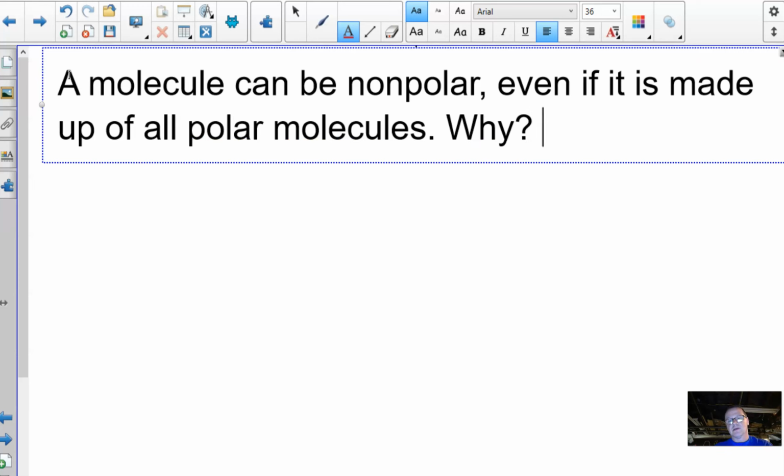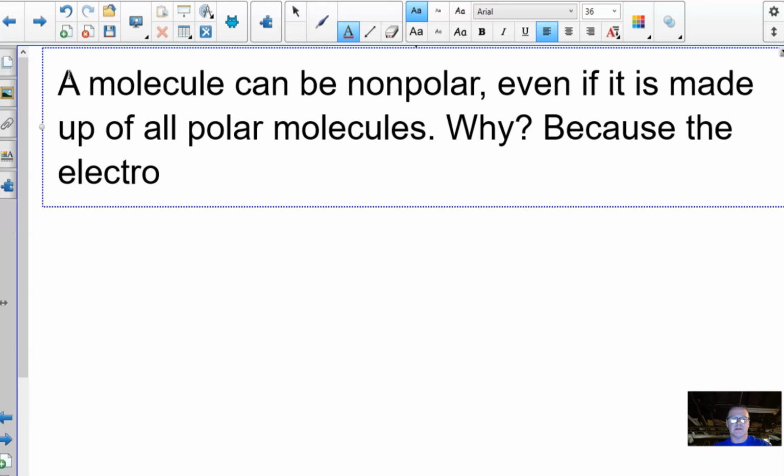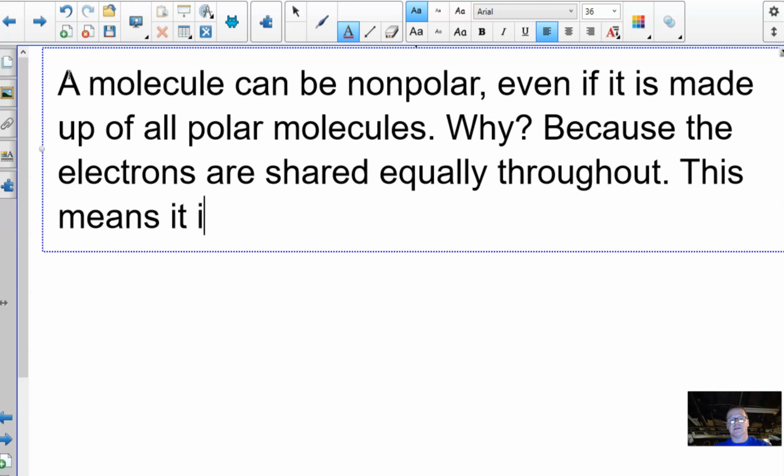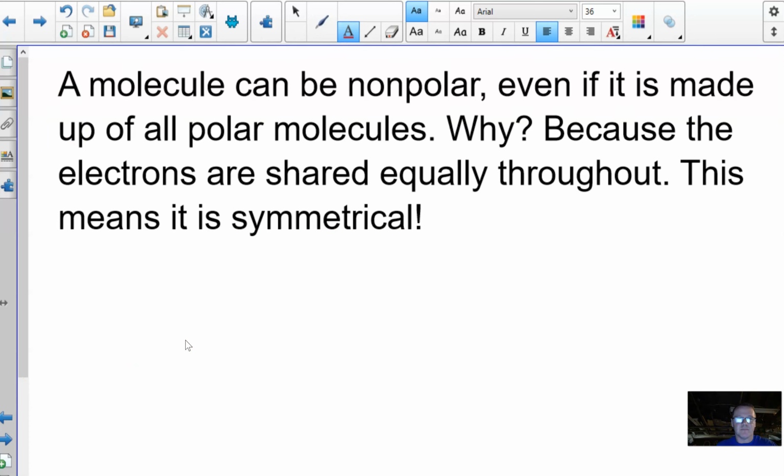Why? Because the electrons are shared equally throughout. This means it is symmetrical.